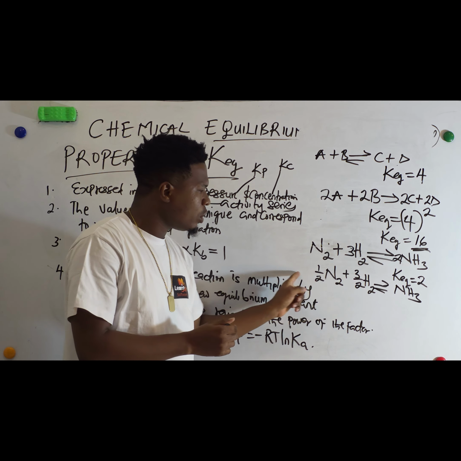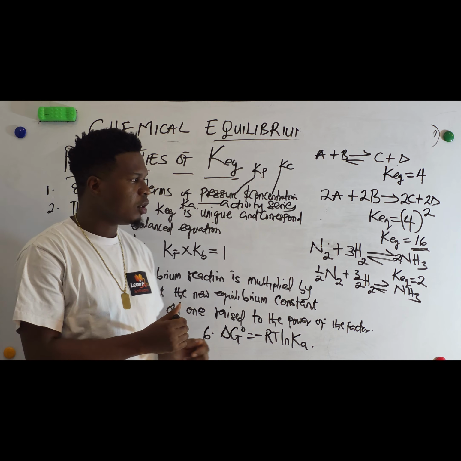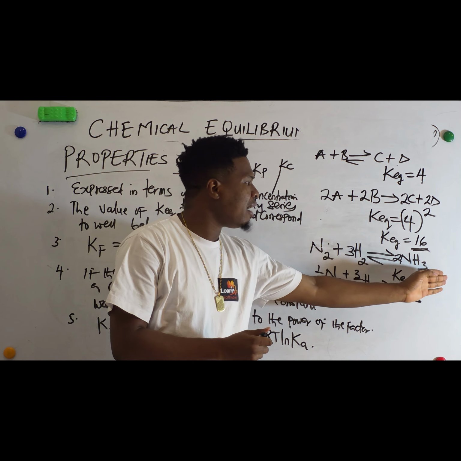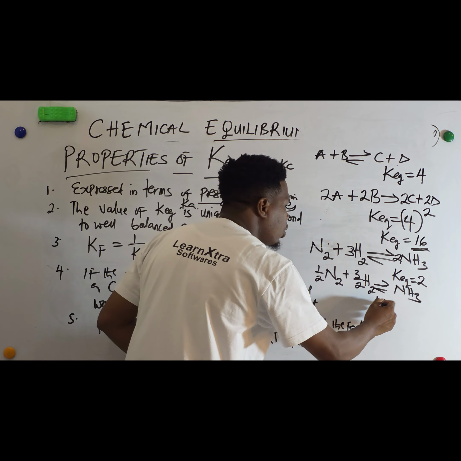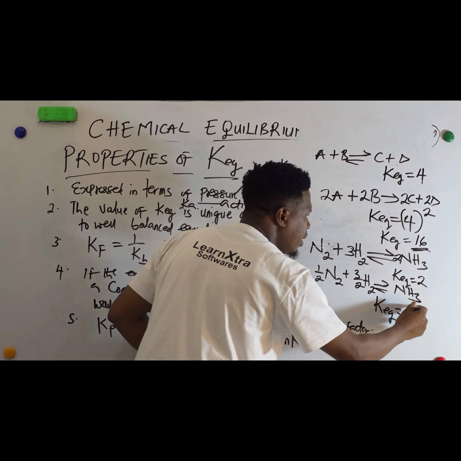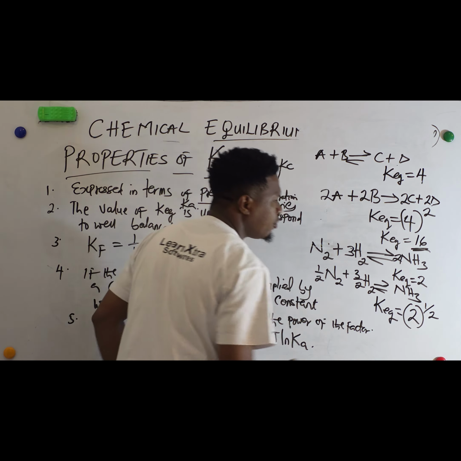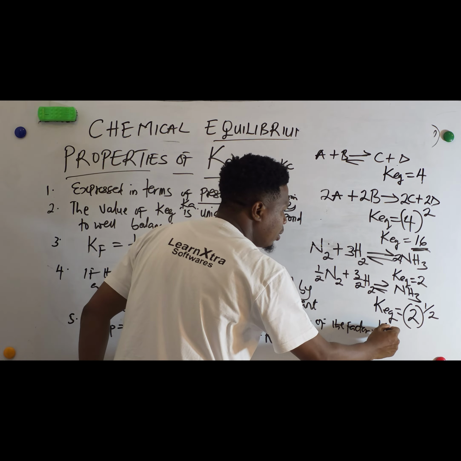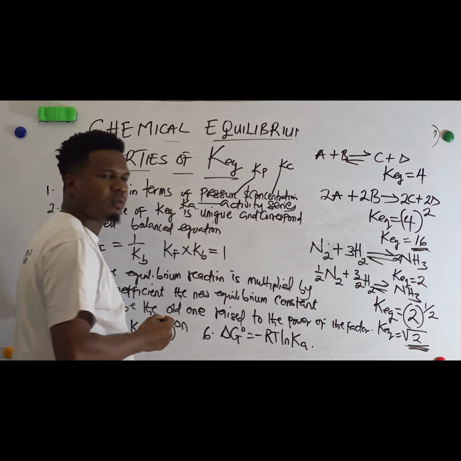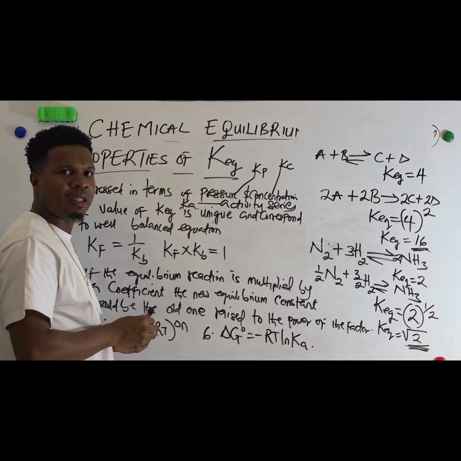So this is the new equation. Since we got it by multiplying by half, the new equilibrium constant would be the old one, which is 2, raised to the power of half, which is like saying the square root of 2. That's the equilibrium constant.